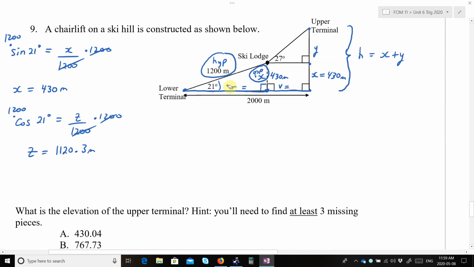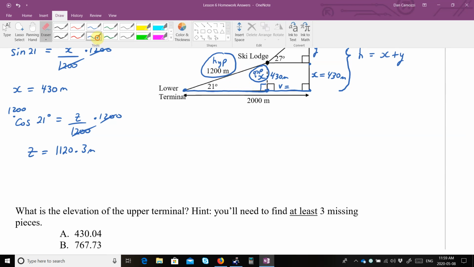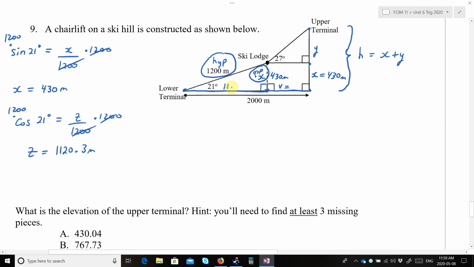So now I'm going to erase this. Say that this is 1120.3 meters. The whole thing is 2,000, so we can say therefore V is equal to 2,000 meters minus the 1120.3 meters.